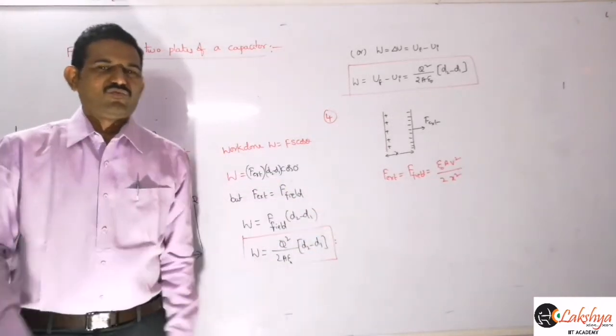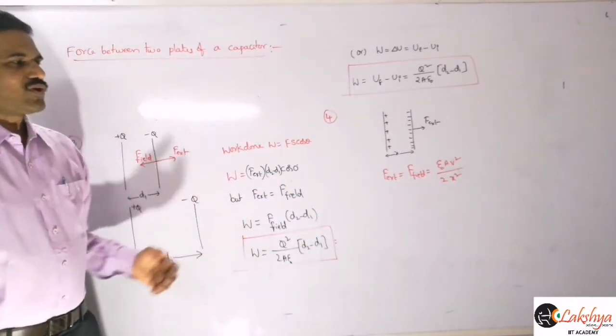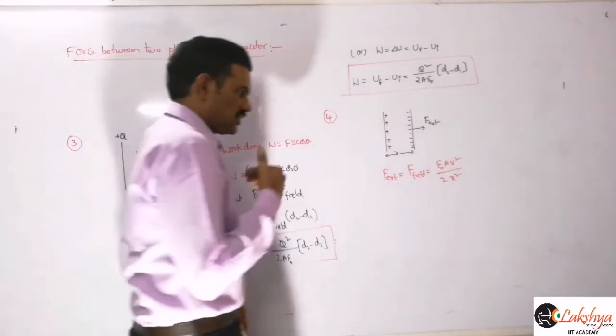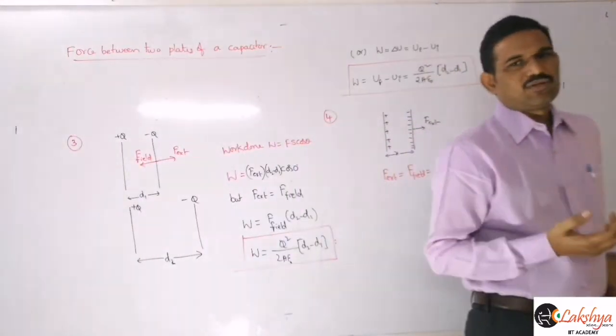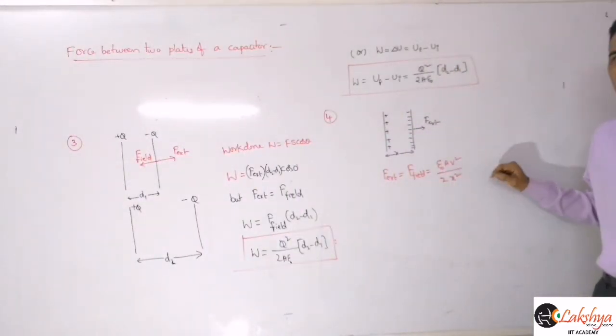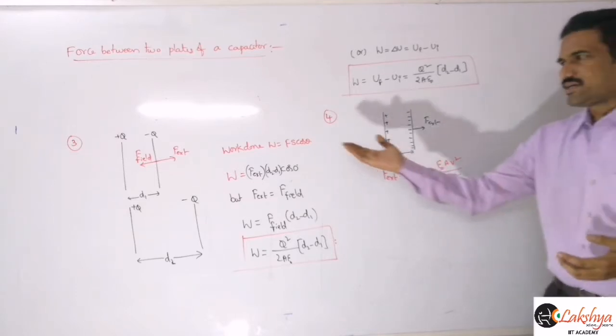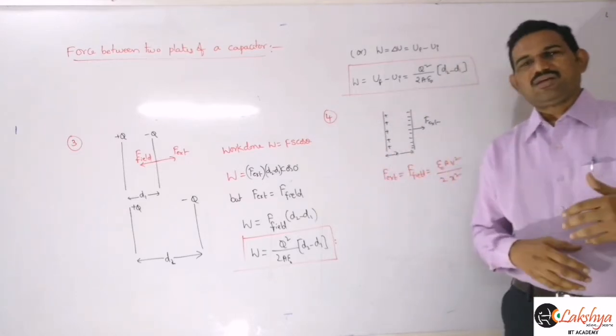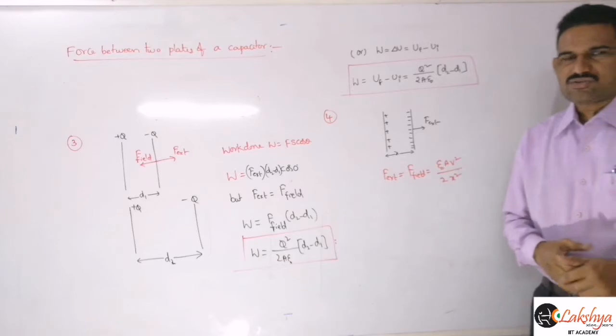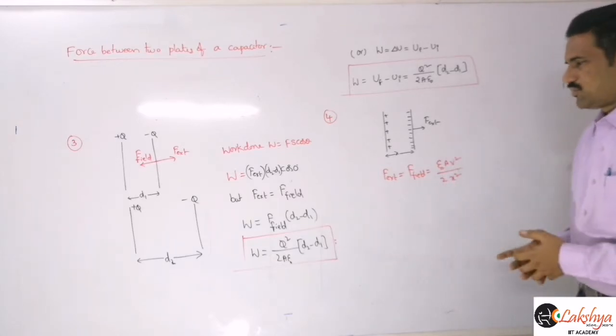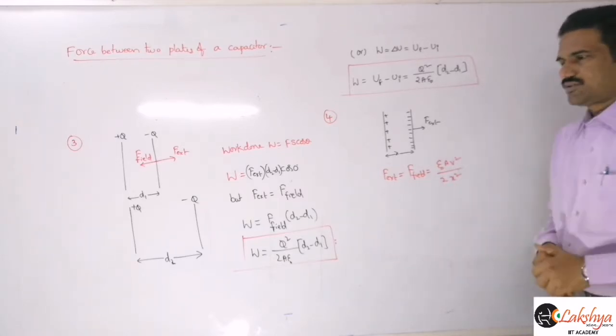Here you can observe that the force is variable, whereas in the previous case the force was constant. Since the force is variable, we can't directly use the W = Fs cos θ formula, so we need to integrate. So we need to do this problem by integration. Mention that case first.